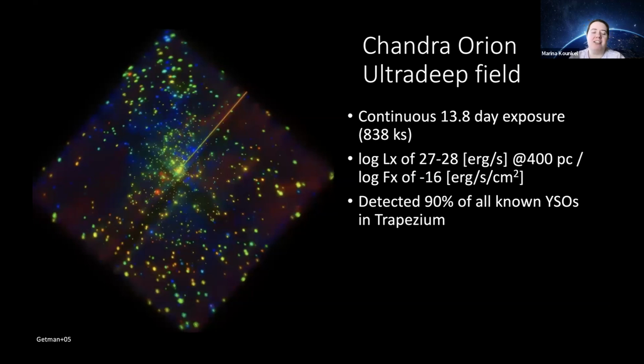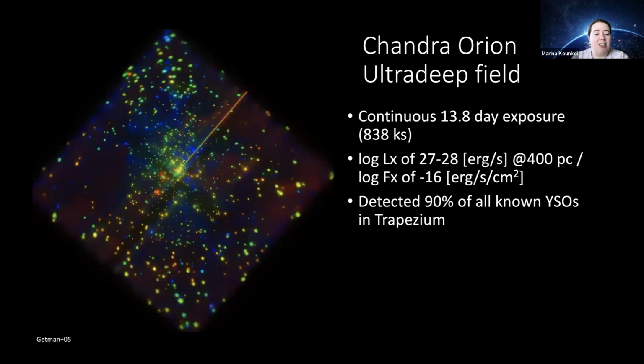And that is really a lot of time to spend staring at the same region of the sky. And throughout this time, they have been able to achieve a flux sensitivity of 10 to the minus 16 ergs per second per centimeter squared. So they are able to detect approximately 90% of all of the young stars that we know of, period, in this field of view. So it is an incredibly deep survey.